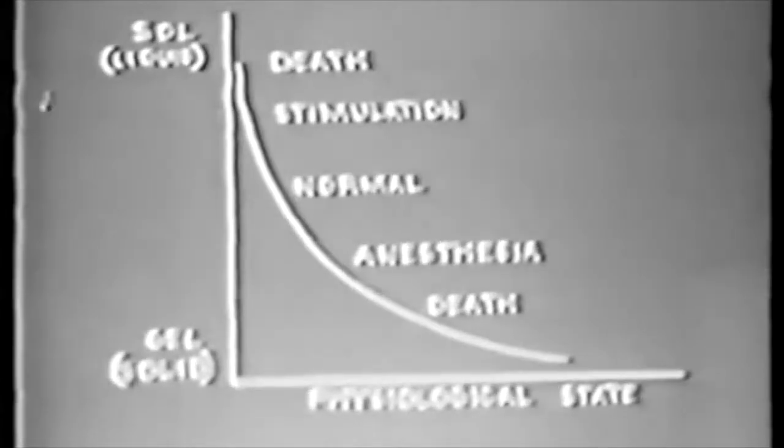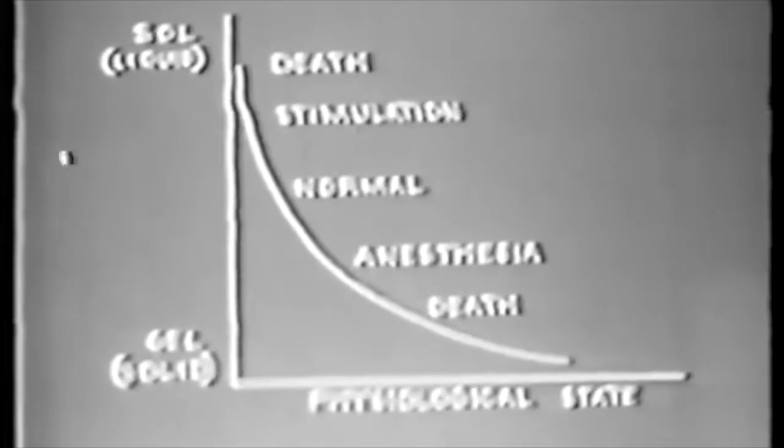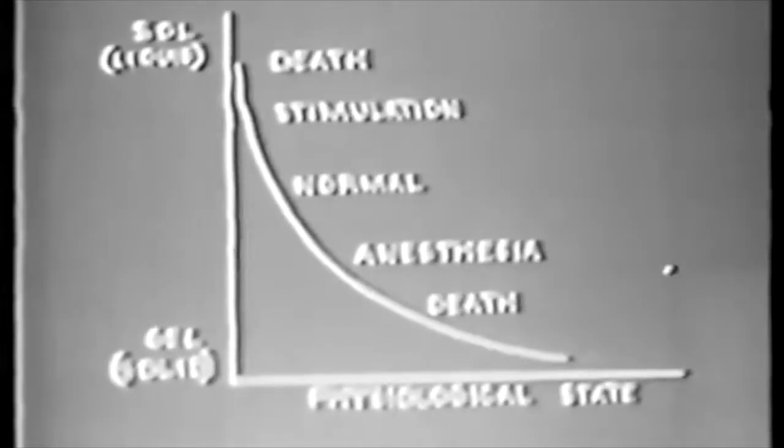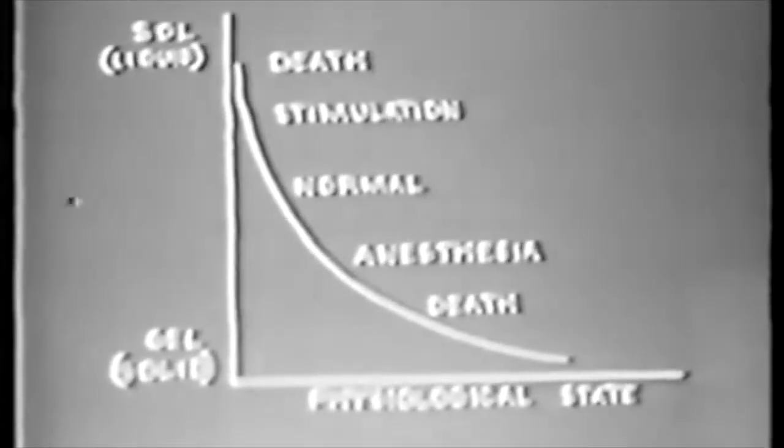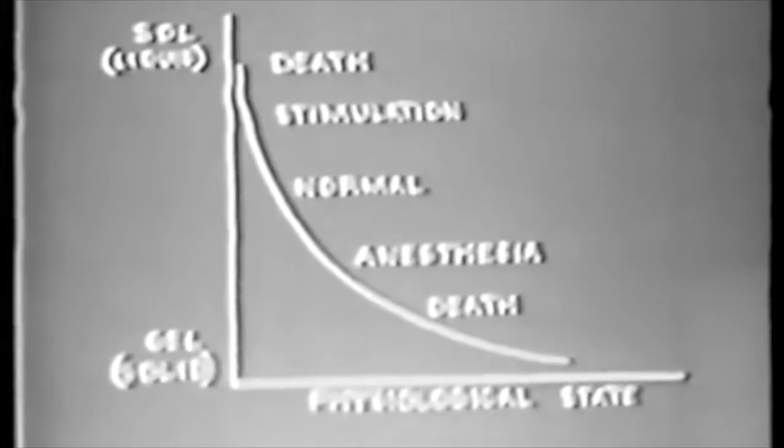So you have two pictures. On the one hand, anesthesia and solidification. On the other hand, stimulation and liquefaction. As this curve depicts, normal protoplasm lies between the liquid and solid states. The solidification in anesthesia is not coagulation, for that would mean death.